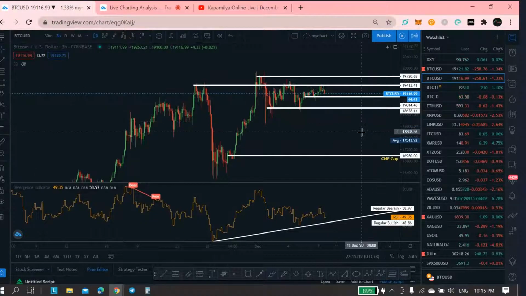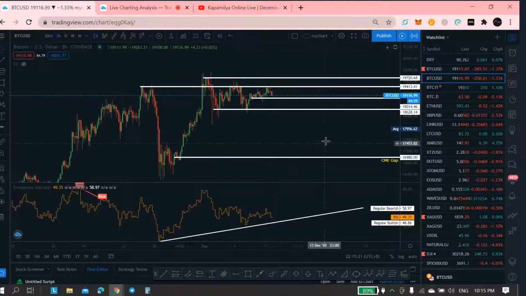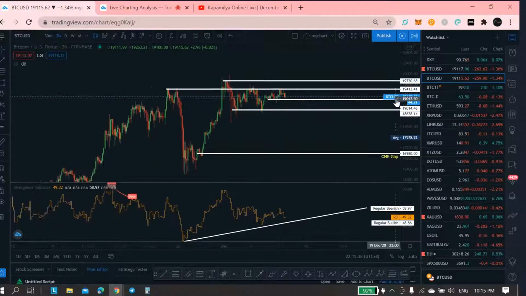Currently I have a possible long posted at the CME gap, which is the 17,000 area. I just round it off to 17,000. So let's see if that will be filled or it will continue to trend higher.